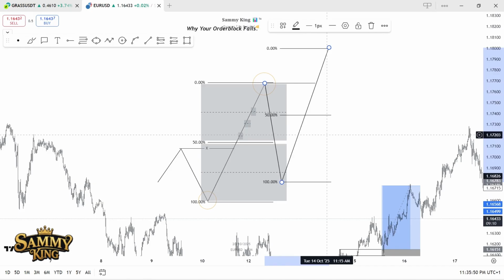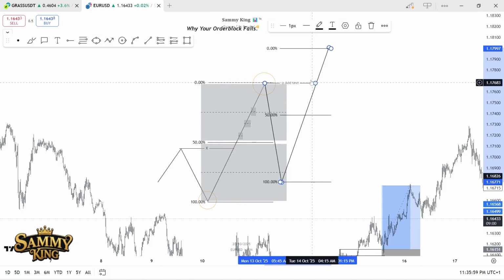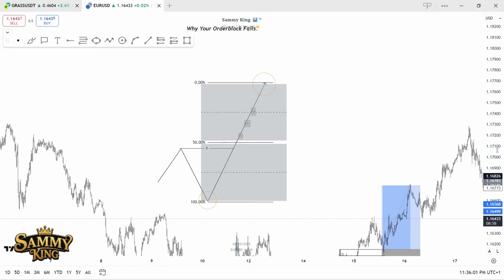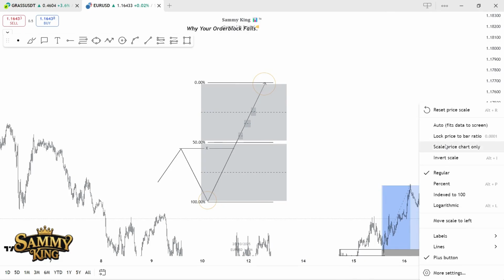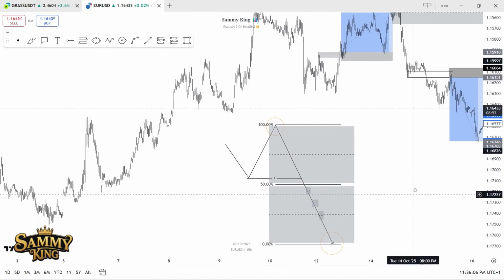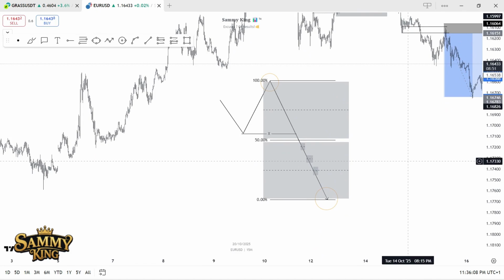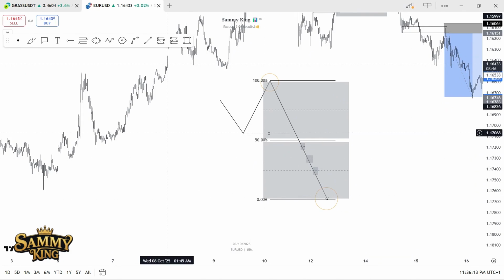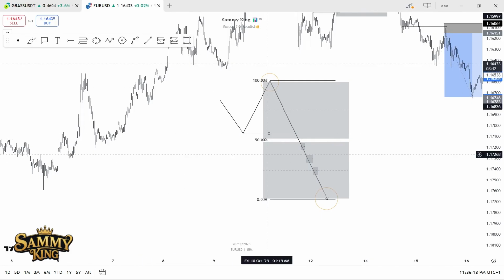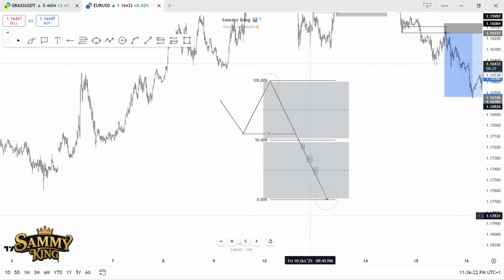Now, why your order blocks fail is the fact that you are trying to get a bullish order block in a premium zone, or you're trying to get a bearish order block in a discount zone. I just explained the discount zone. Let me flip this, invert scale, and explain the premium zone. It's pretty much the same thing. One thing you need to put into consideration is that whether you are bullish or bearish, your premium and your discount zone always remain the same. Whether you are bullish or bearish, this is a bearish trend, your premium is always above and your discount is always below.